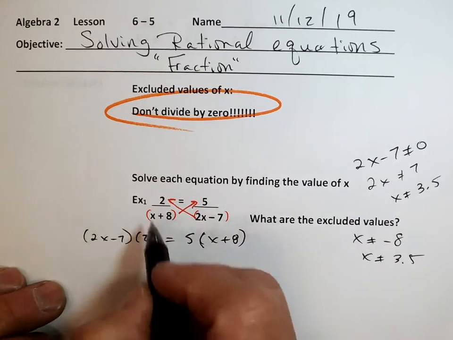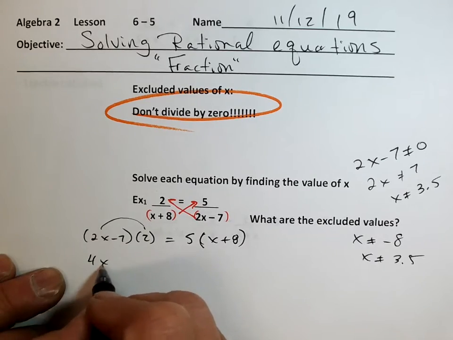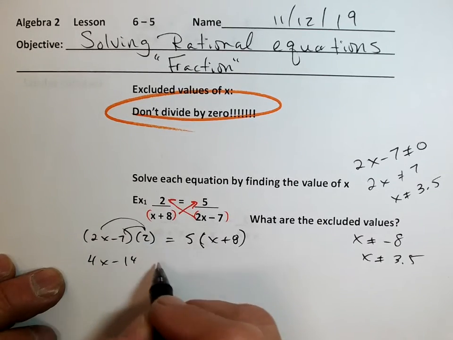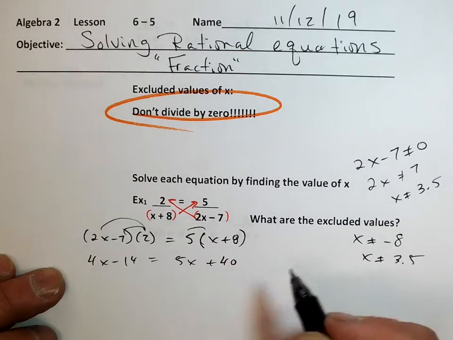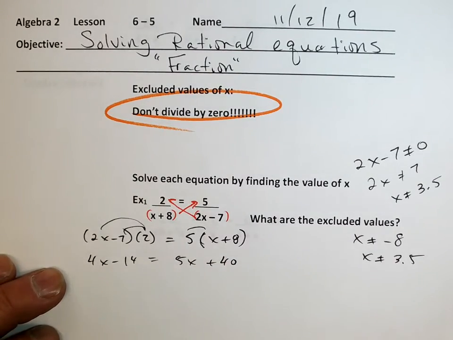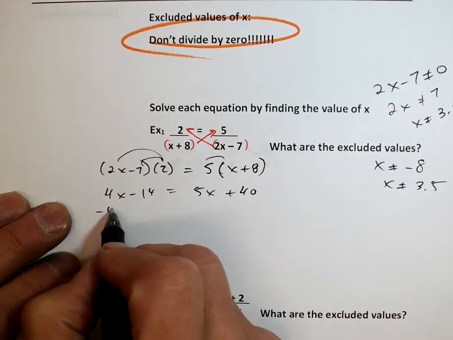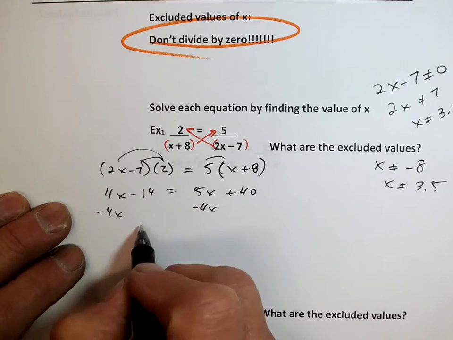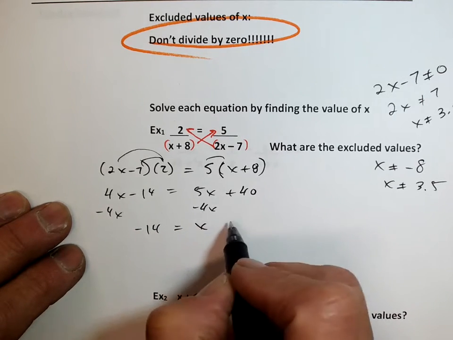I'm going to distribute and get a 4x minus 14 equals a 5x plus 40. Yes, I did that on purpose, didn't I? And then from there, we're just going to solve. Minus 4x minus 4x. I've got a negative 14 equals a 1x plus 40.